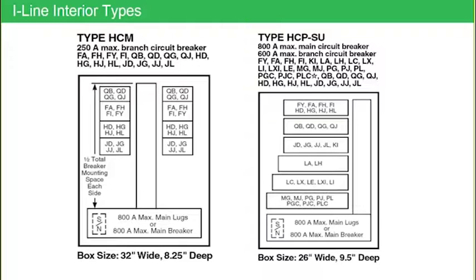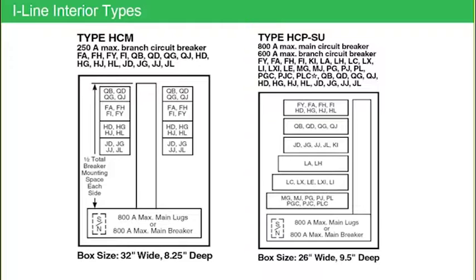Now, if you look at the smaller rectangles towards the top of the illustration, it shows all the breaker frame types. And one misconception is that a lot of people see, for example, the Q-frame breakers shown at the top, and think, oh, that means I can only mount that Q-frame breaker at the top. Or the J-frame is shown in the middle, so I can only mount that J-frame in the middle of the panel.